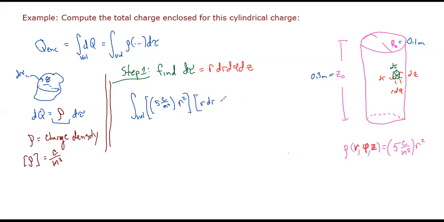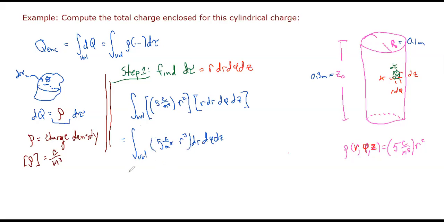That's r dr d phi dz. And we can do some simplification. So that's 5 coulombs per meter to the fifth, r cubed dr d phi dz.